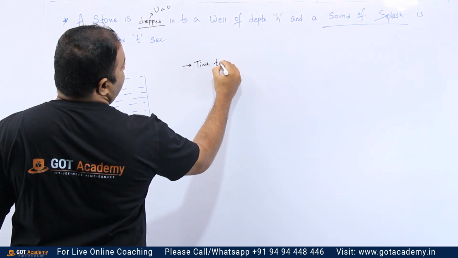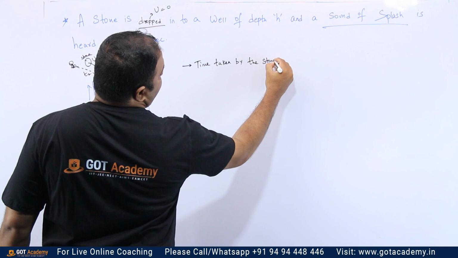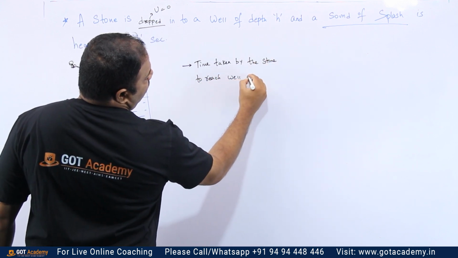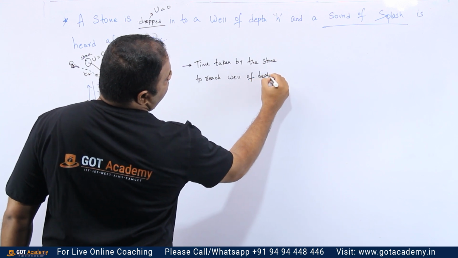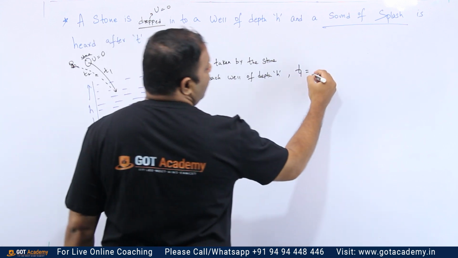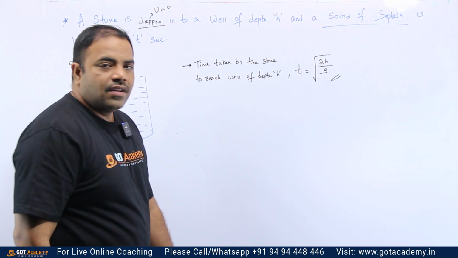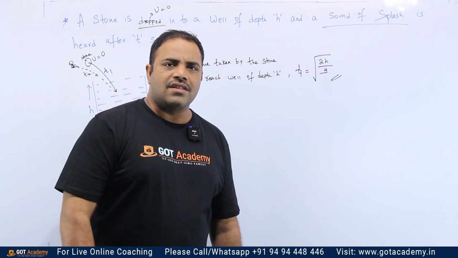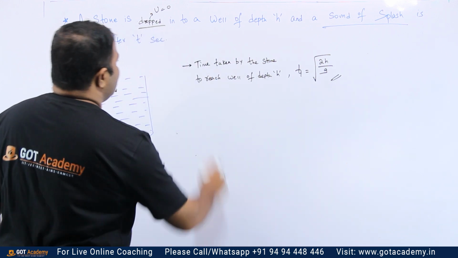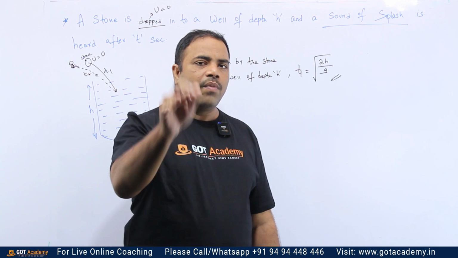Time taken by the stone to reach a well of depth h. How do you calculate that time? It is equal to root of 2h by g. But you will be having a doubt: how did I get that? When it is dropped, it comes under the concept of a freely falling body.